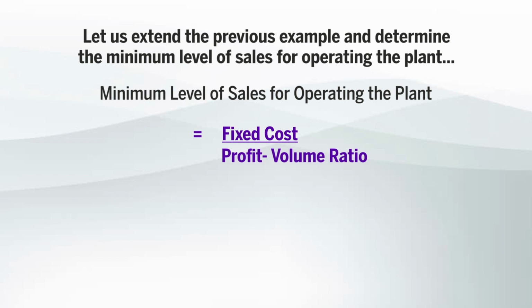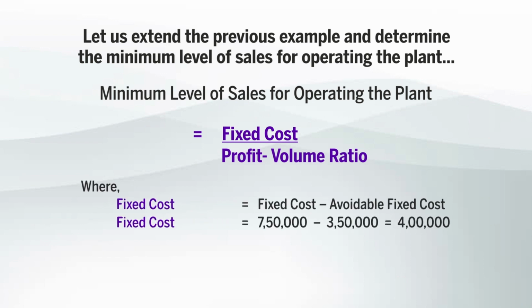Here fixed cost for the purpose of the calculation will be fixed cost minus avoidable fixed cost. At present fixed cost is 7,50,000, and as you know we are given that avoidable fixed cost is rupees 3,50,000. So for the calculation of minimum level of sales to operate the plant, our fixed cost will be rupees 4 lakh. This was one piece of information we need.